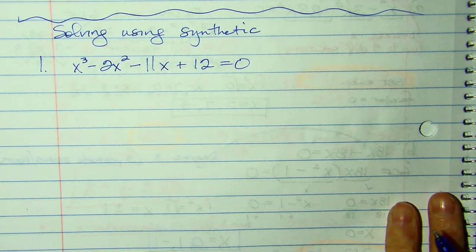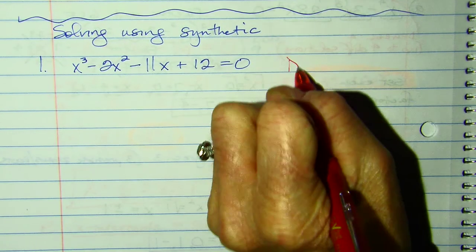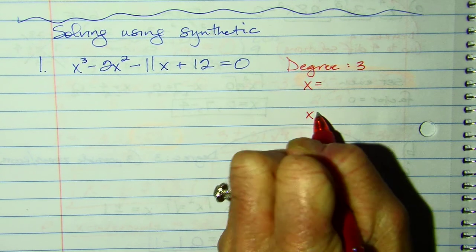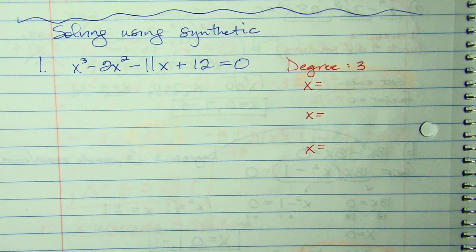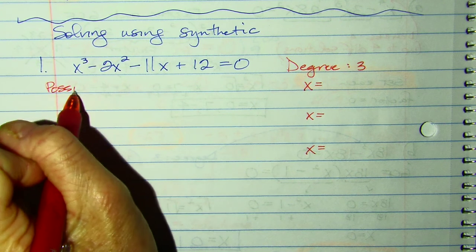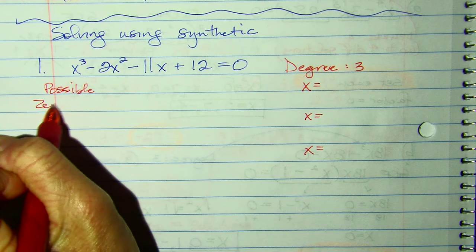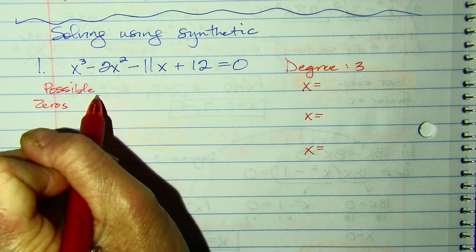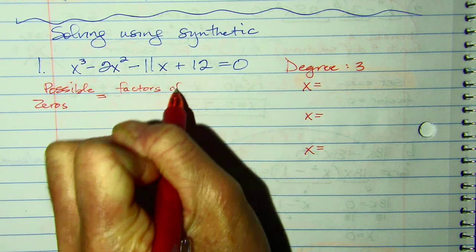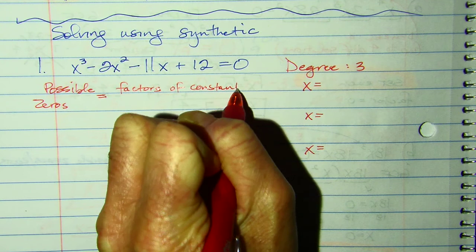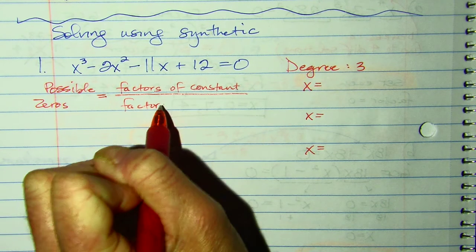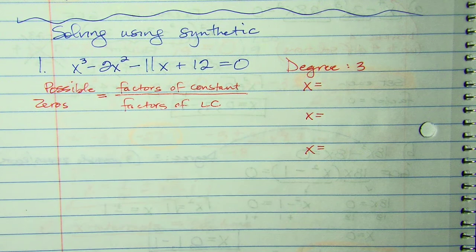The first thing I'm going to identify is that my degree is 3, so I quite possibly have 3 solutions. Then I identify my possible zeros. Possible zeros equal the factors of the constant divided by factors of our leading coefficient.